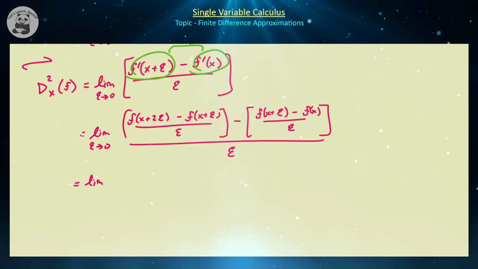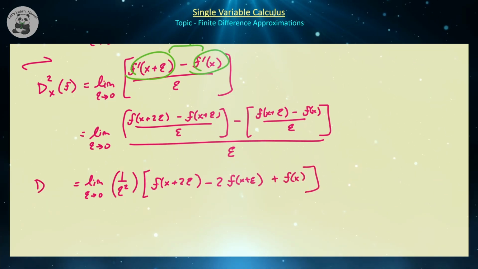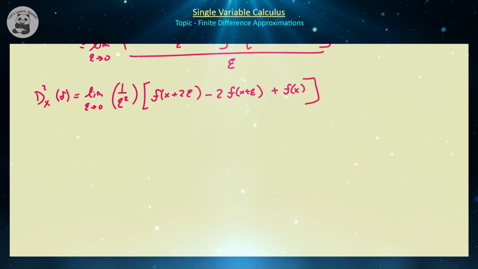So that's going to give us the limit as epsilon goes to 0 of 1 divided by epsilon squared times f of x plus 2 epsilon minus 2 f of x plus epsilon plus f of x. That is the forward difference definition for the second derivative. So one can say, well, can you do it for the third? Of course, do it again.